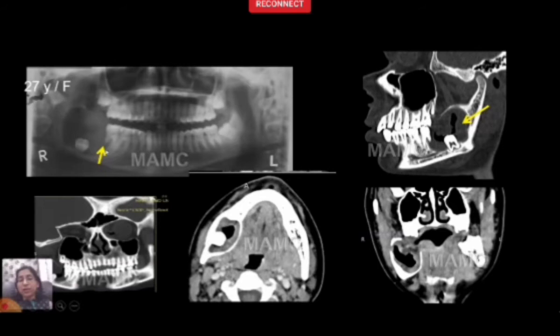On diffusion, sometimes with OKCs and ameloblastomas, especially the unicystic ameloblastomas, where we may or may not see a solid mural enhancing component, this is where diffusion really helps us differentiate between an OKC and ameloblastoma. The fluid component of ameloblastoma does not show restricted diffusion. The solid component does, but the fluid component does not, unlike an OKC, which shows restricted diffusion.